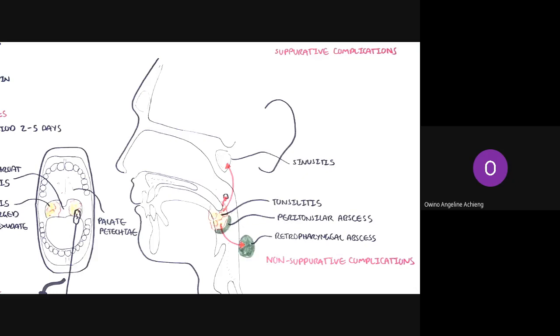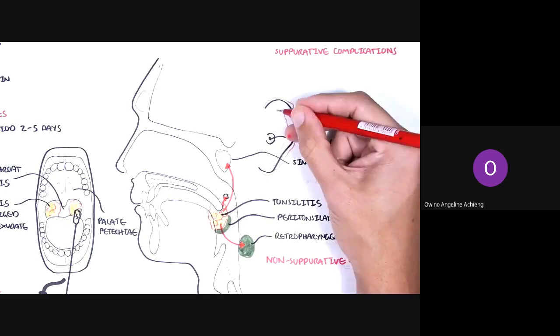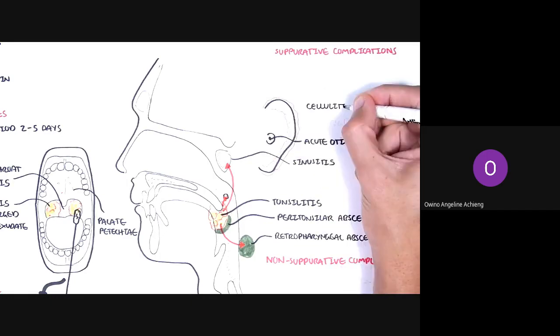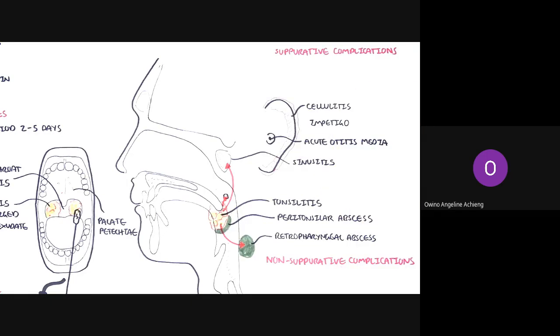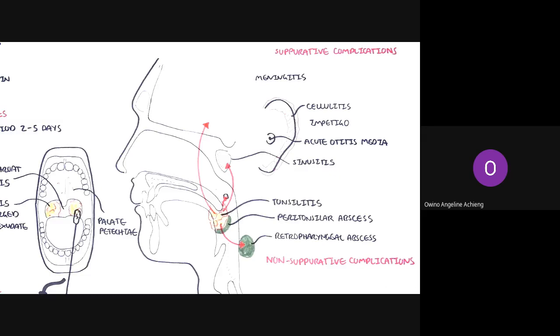The infection spreads up the eustachian tube into the middle ear cavity. Cellulitis and impetigo of different regions around the mouth, as well as the ear. Meningitis, a serious complication, as well as osteomyelitis and septic arthritis, another very serious complication.